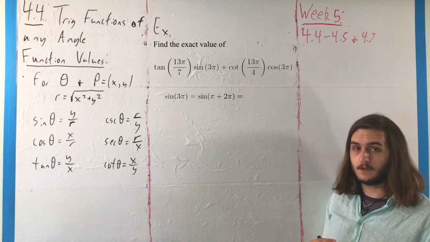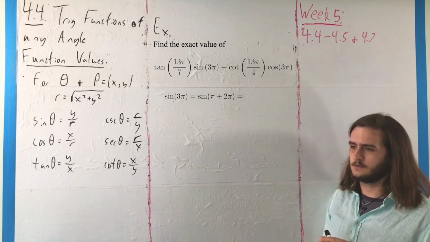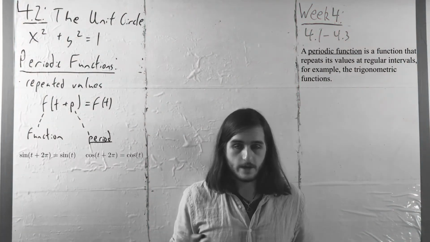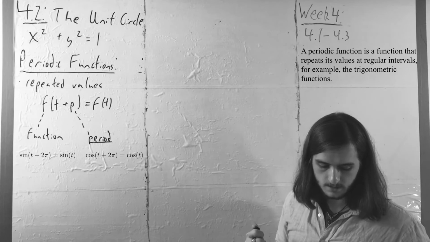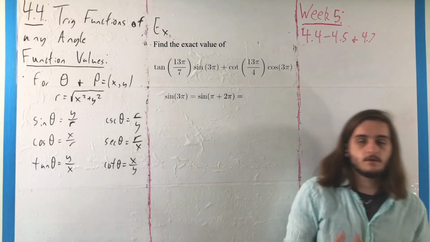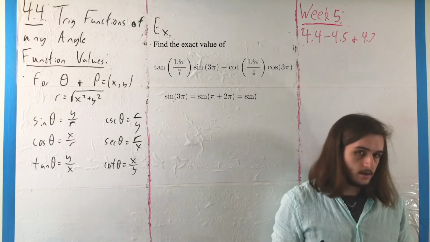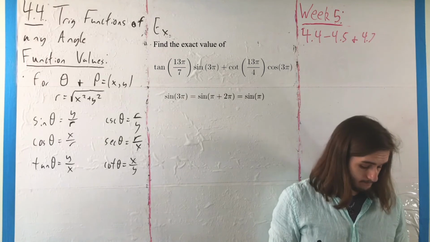So if we take that sine of 3 pi, we'll see that sine of 3 pi is sine of pi plus 2 pi. And if we recall from back a couple sections ago, we had that the period of sine is 2 pi. So if you add 2 pi to anything inside of a sine function, it essentially doesn't do anything. It just repeats the value a little bit further to the right.